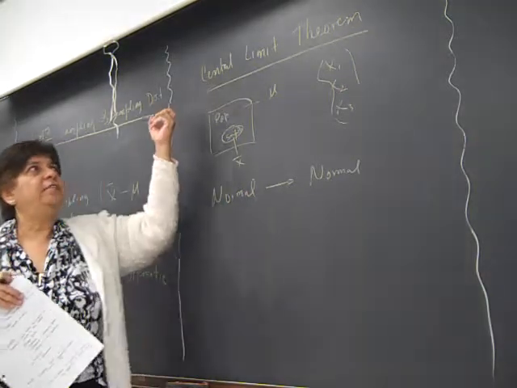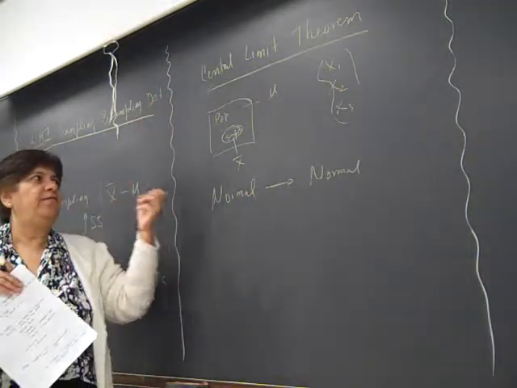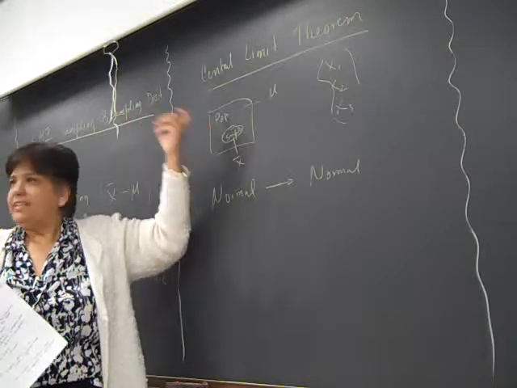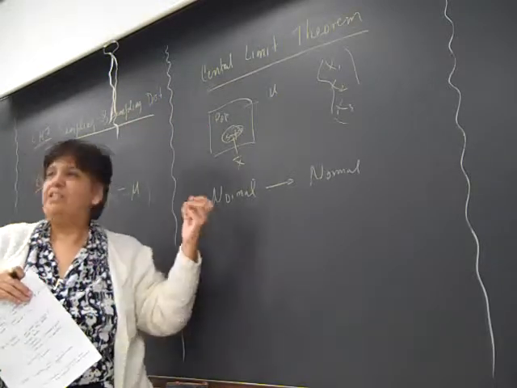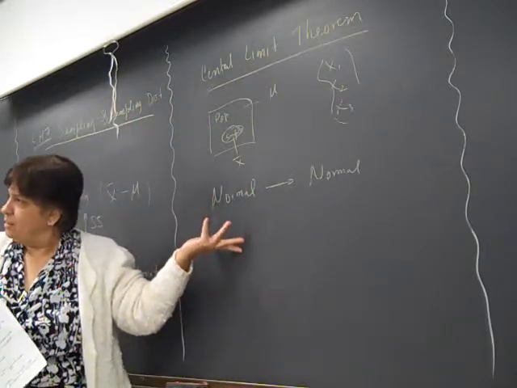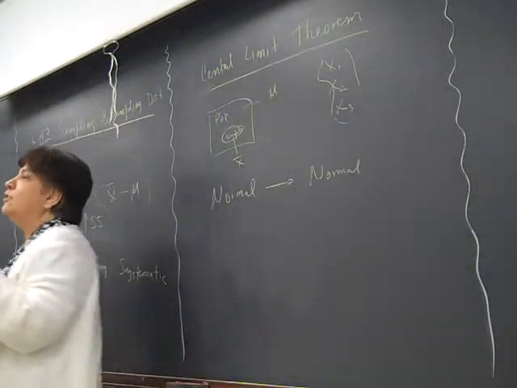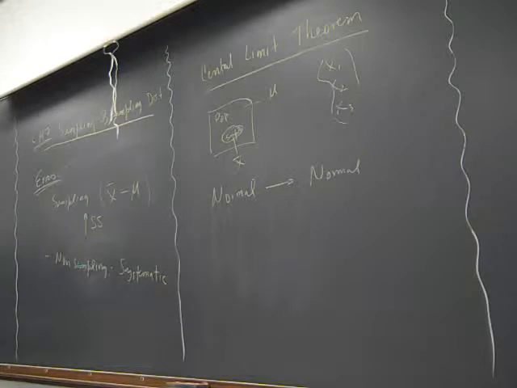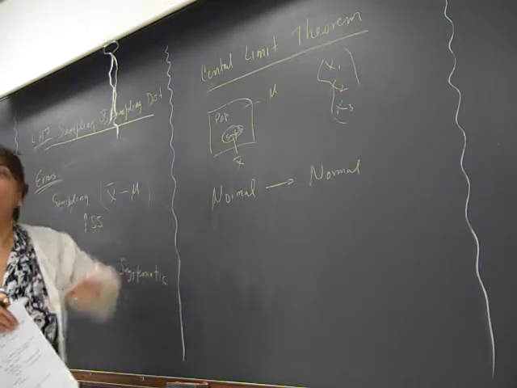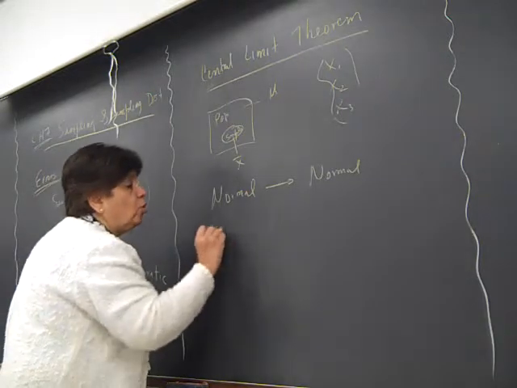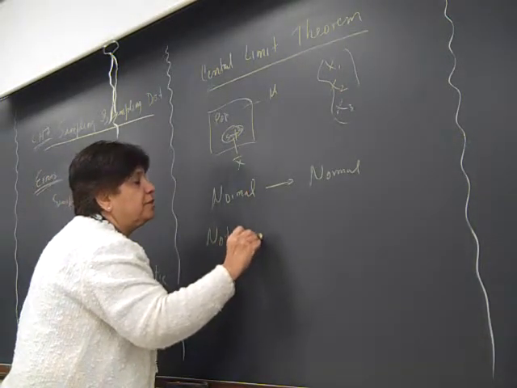Now, the central limit theorem says that if you are getting the sample from a population which is normally distributed, my sampling distribution is going to be also normally distributed. What happens when your population is not normally distributed?